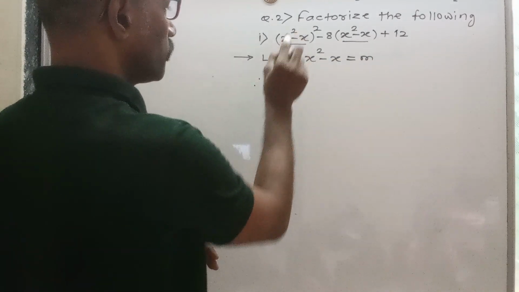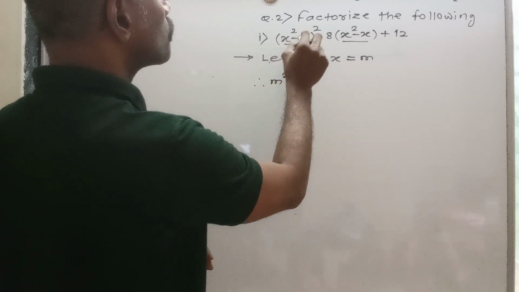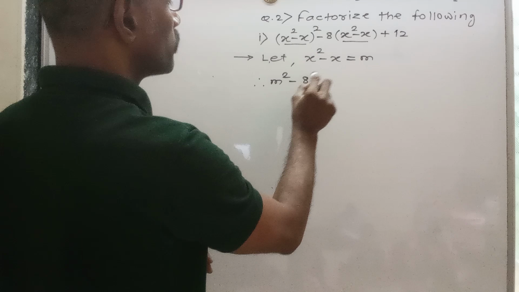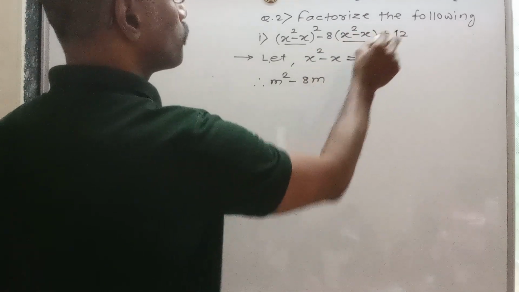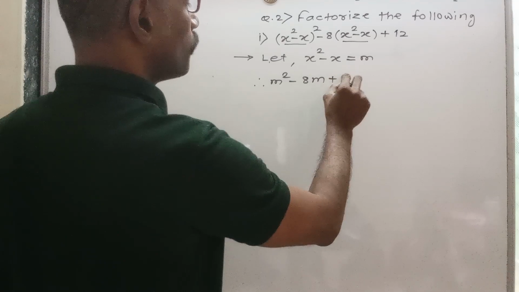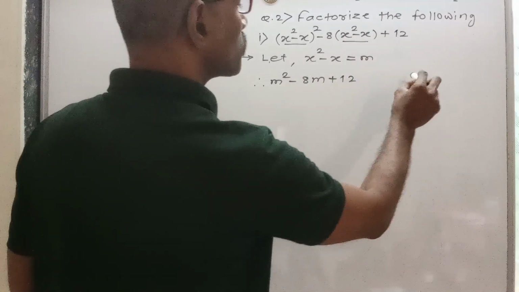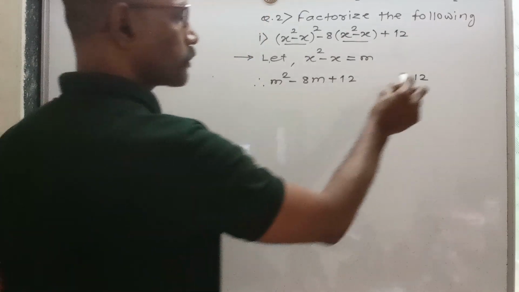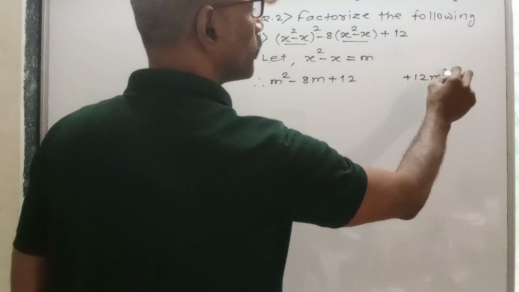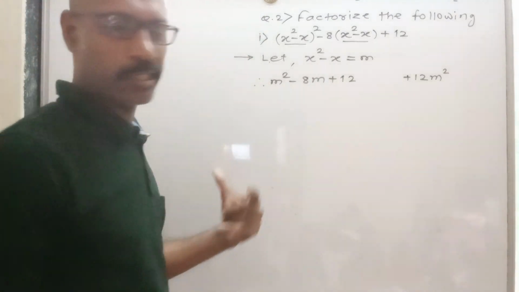Therefore, our equation becomes m² − 8m + 12. Did you understand? Now we take the product of the extreme terms, this plus 12 and this m².